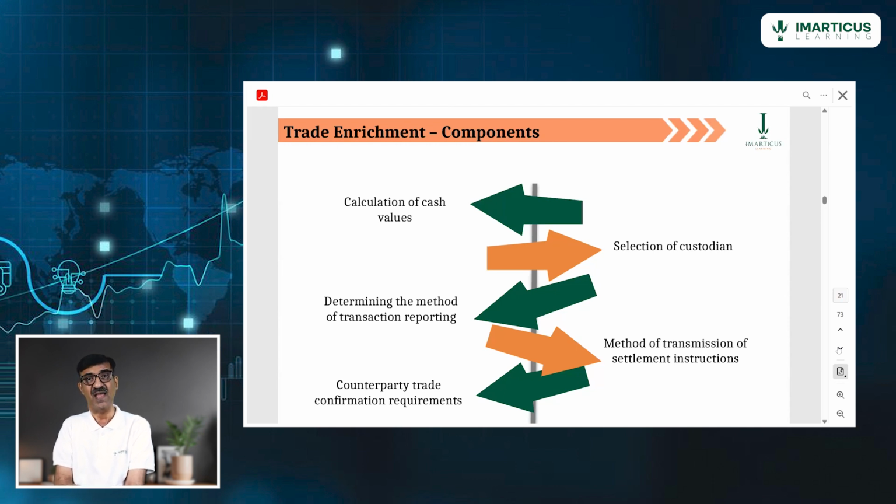So basically, enrichment is nothing but value addition. In the trade life cycle, it is the fourth step, but in middle office, it is the first step. In front office we had three, in middle office we have three more. The first is trade enrichment, value addition.